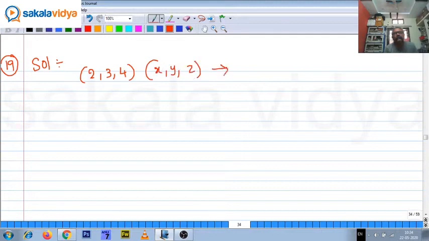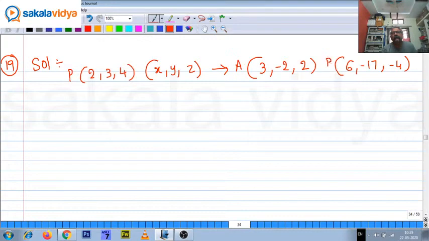Given points: 3, -2, 2, and the next point is 6, -17, -4. Say this point is P, this point is A, this point is B. This will be x1, y1, z1, x2, y2, z2.